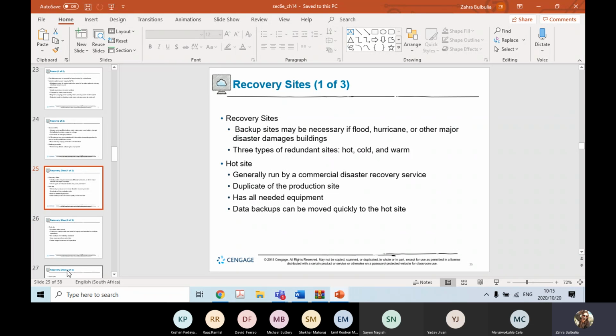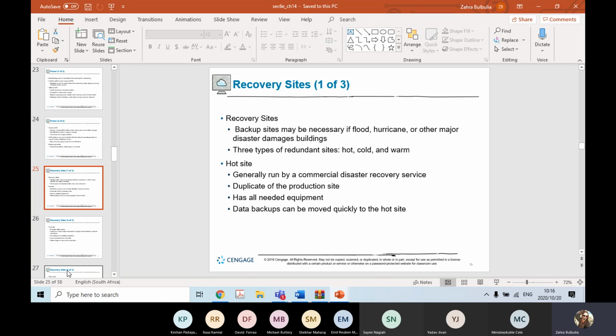Recovery sites. Now, recovery sites is where do you go to recover from a failure, from either a hack, a natural disaster, or an issue where you can't work at your primary base anymore, but you need to keep the system running.